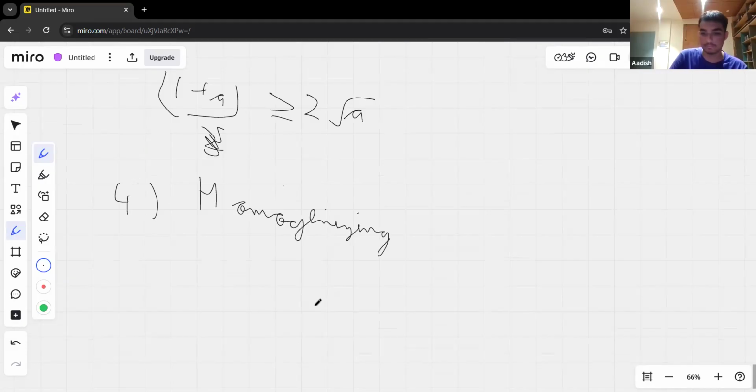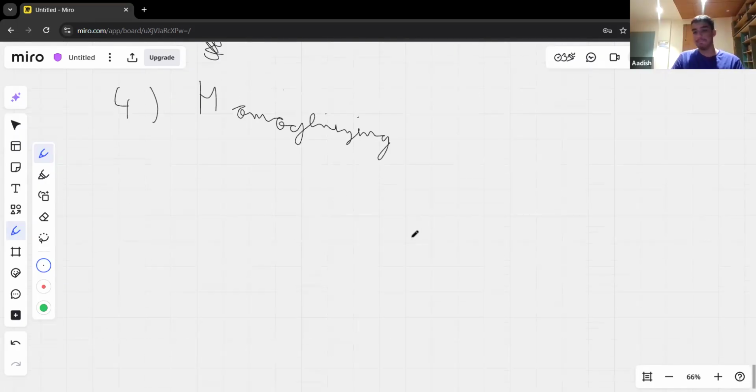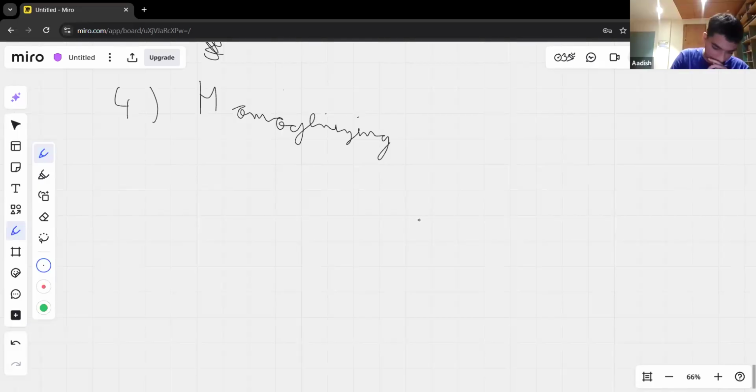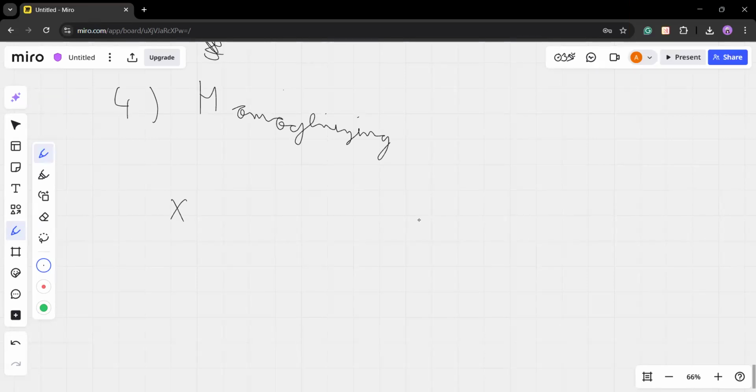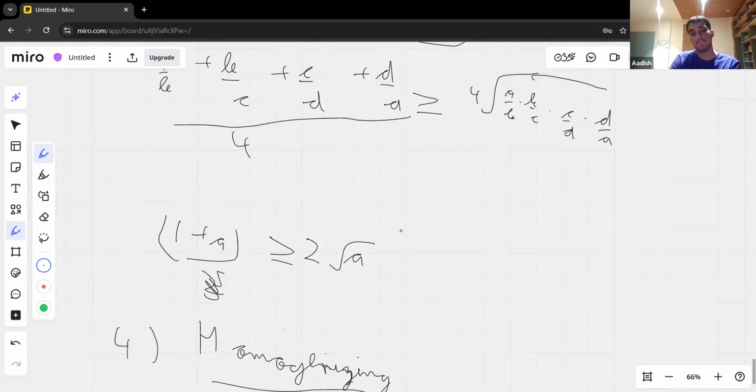Suppose you want to prove something by AM-GM, and you have a bunch of terms that you apply it to. This is homogenization, a very important technique which we'll talk about for P4.